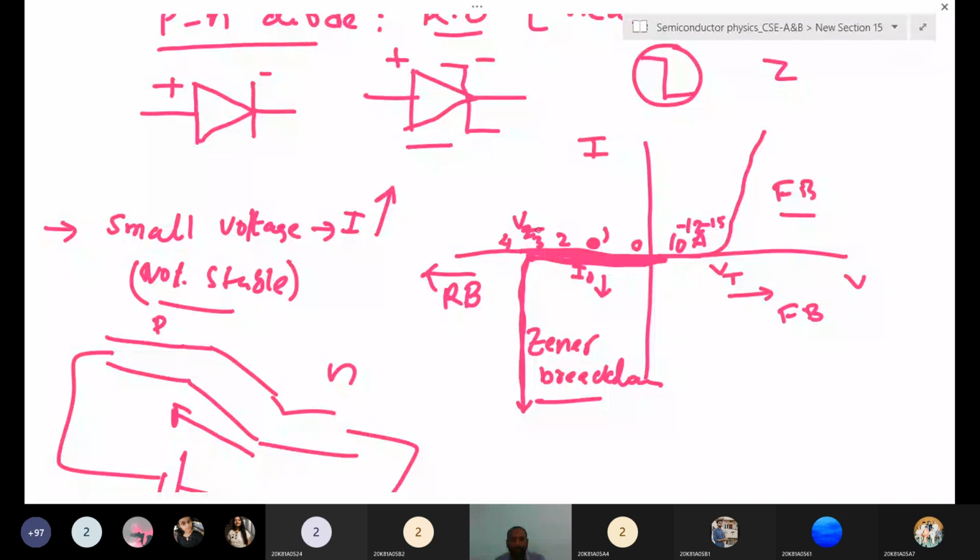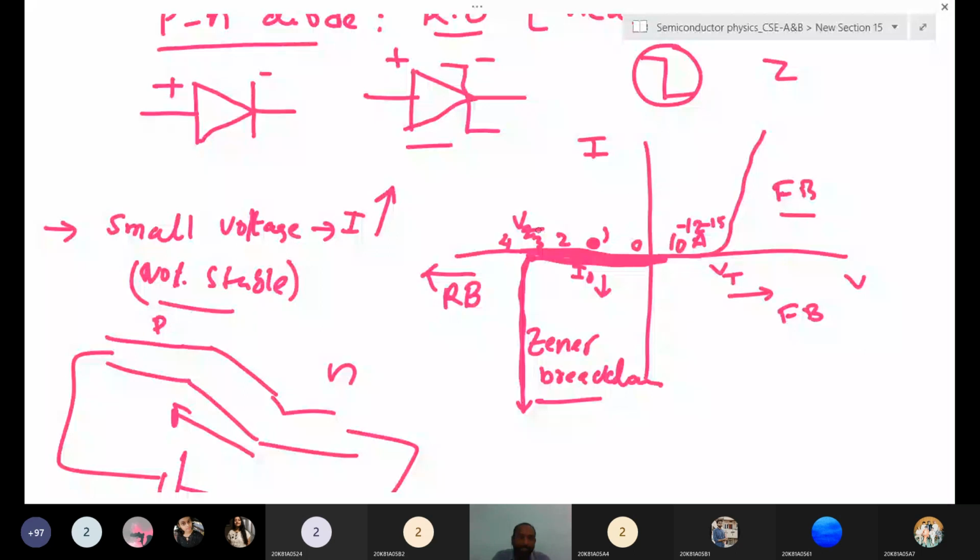That's why even with a small increase in voltage we observe a large number of charge carriers tunneling, and because of this tunneling we observe a huge current in the device. This is the simple working of the Zener diode.